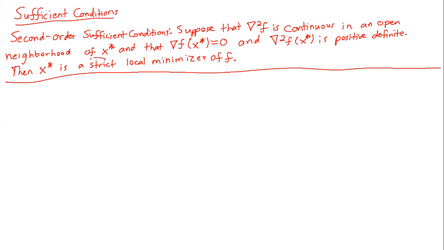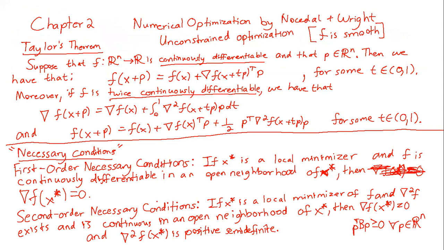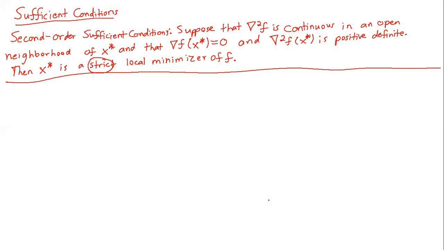Note though that this says it is a strict local minimizer, which is not what the first and second order necessary conditions say. We just talk about a local minimizer. Here you can actually tell it's a strict local minimizer. But also note that these second order sufficient conditions are not necessary conditions. So you can have a point x star that is a strict local minimizer of f, but does not necessarily satisfy all of the sufficient conditions.